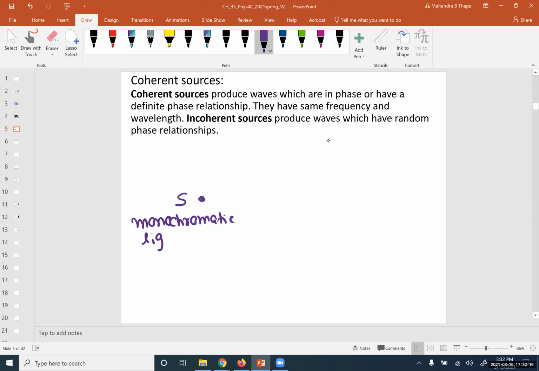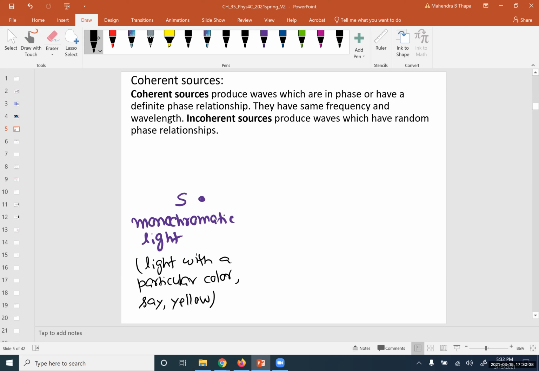Monochromatic light means light of a single frequency or wavelength, light of a particular color, say red, yellow, or green, just one color.